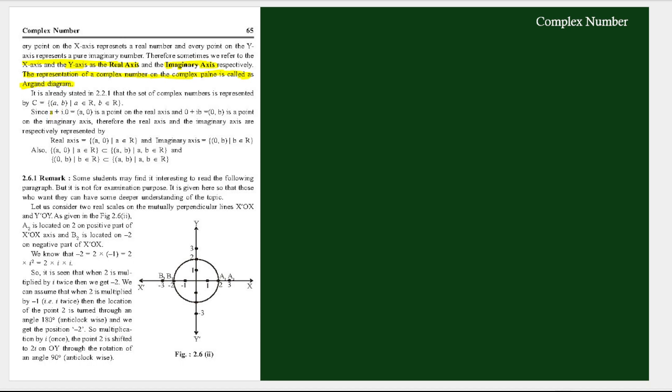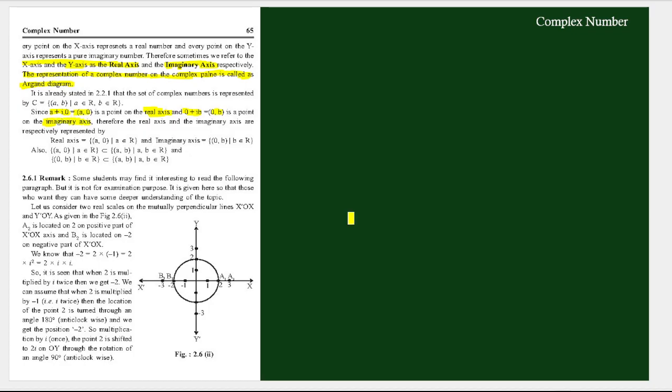Now, a plus i0, this is your a comma 0, and this will give you your real axis, and 0 plus ib will give you your imaginary axis.